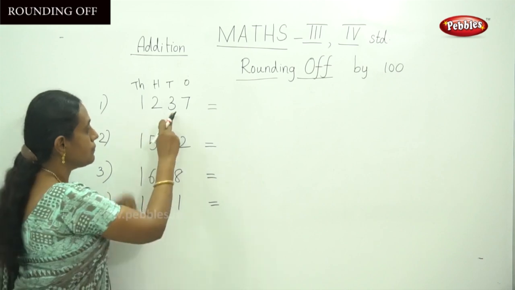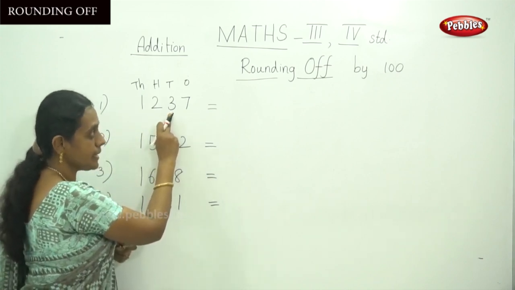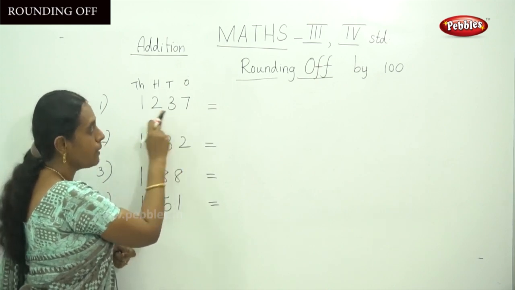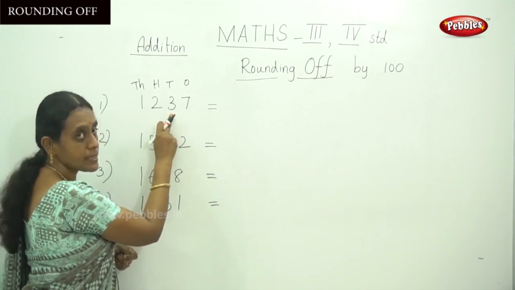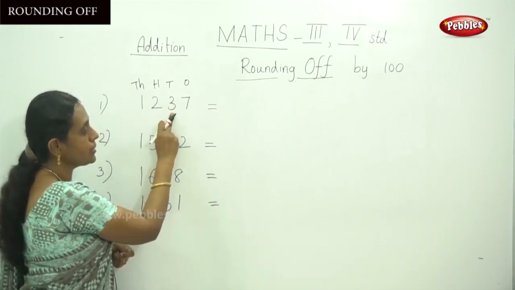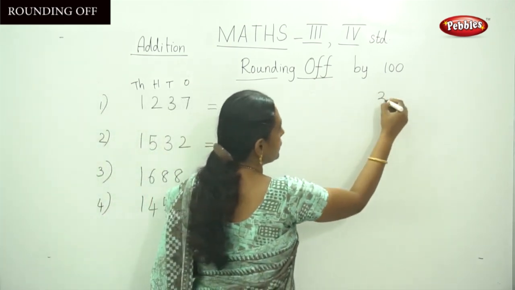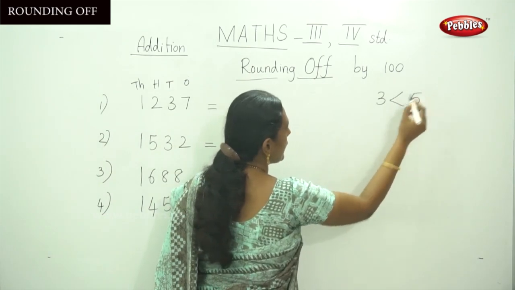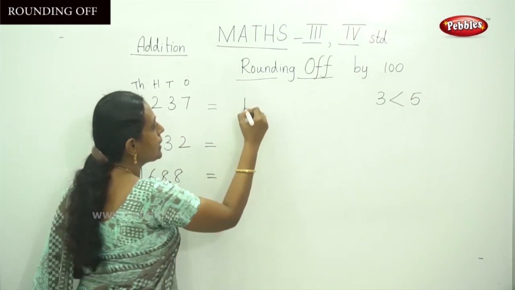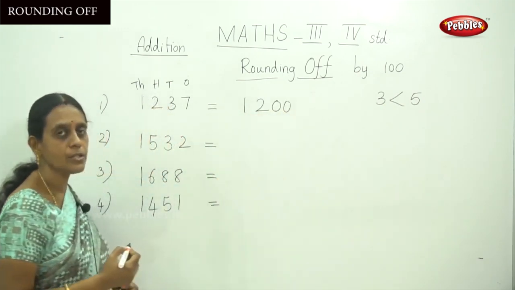So first observe this 3. 3 is lesser than 5. For tens place you have to check the ones digit, for 100 you have to check the nearest 10. So take this 3, lesser than 5. So write down the same 100. So the answer is 1200. Do you understand?